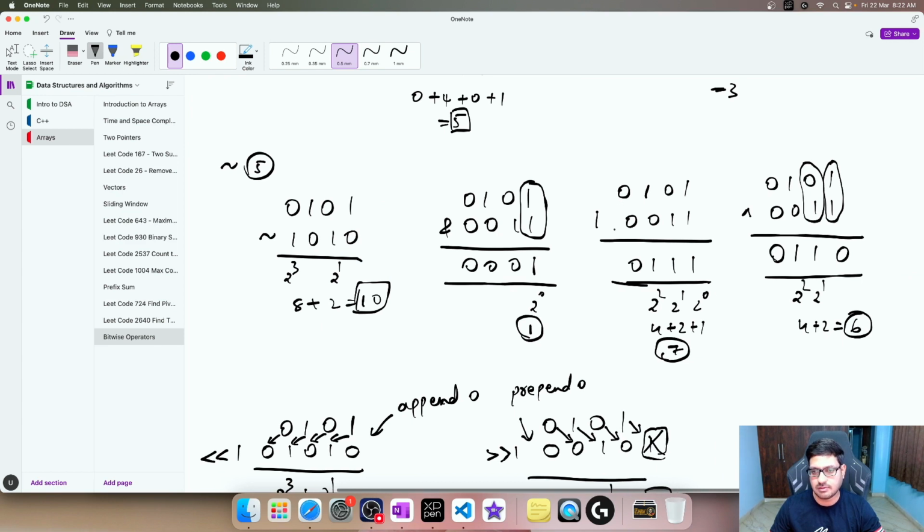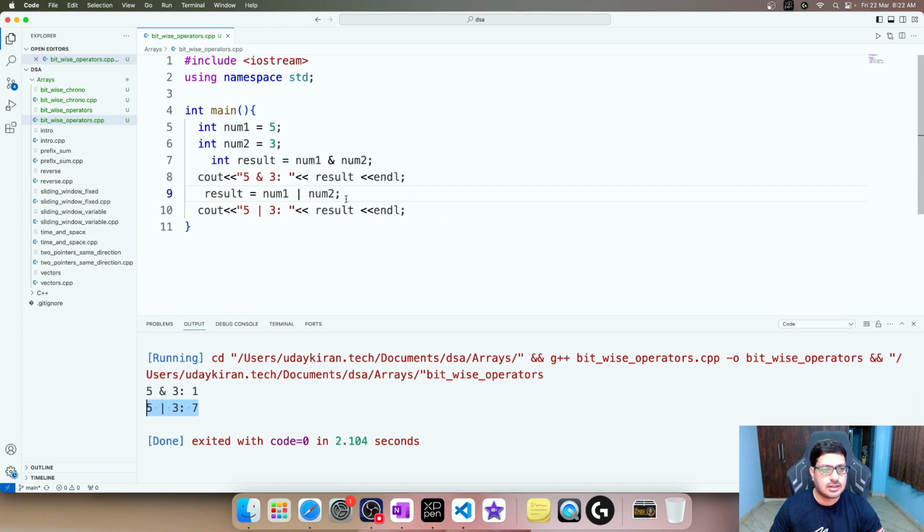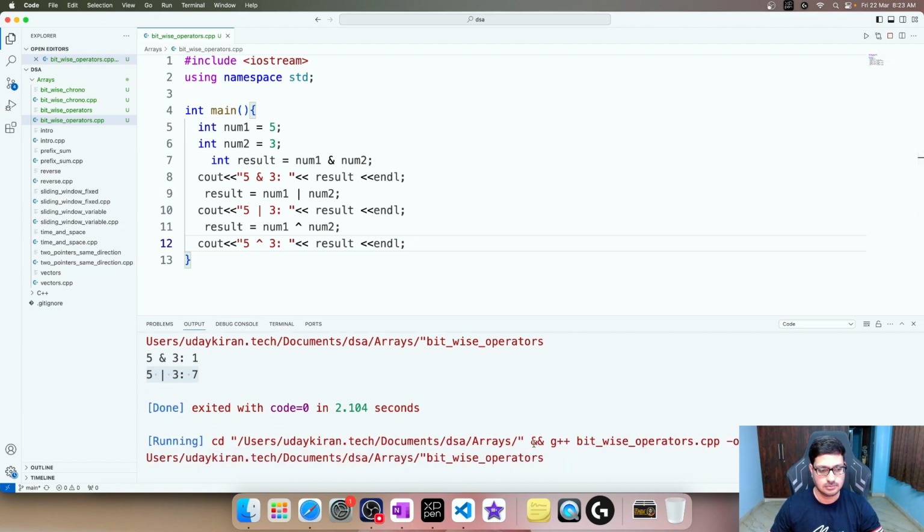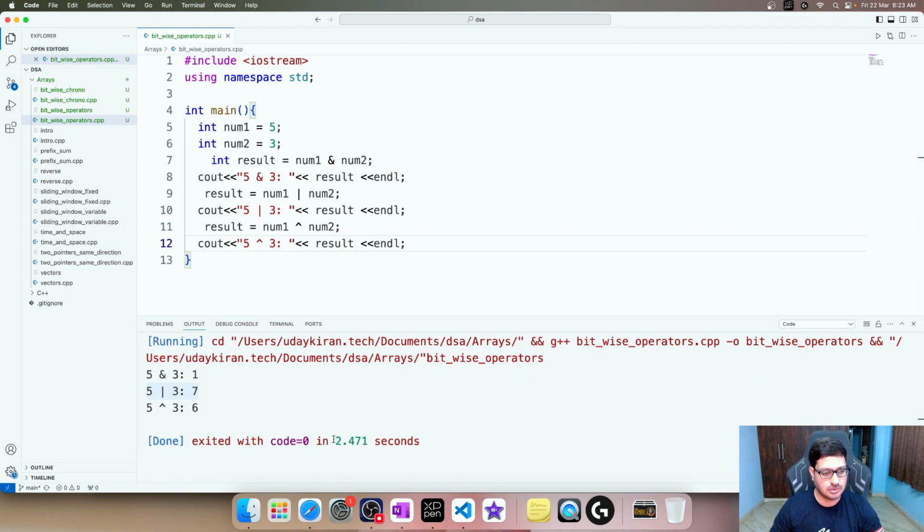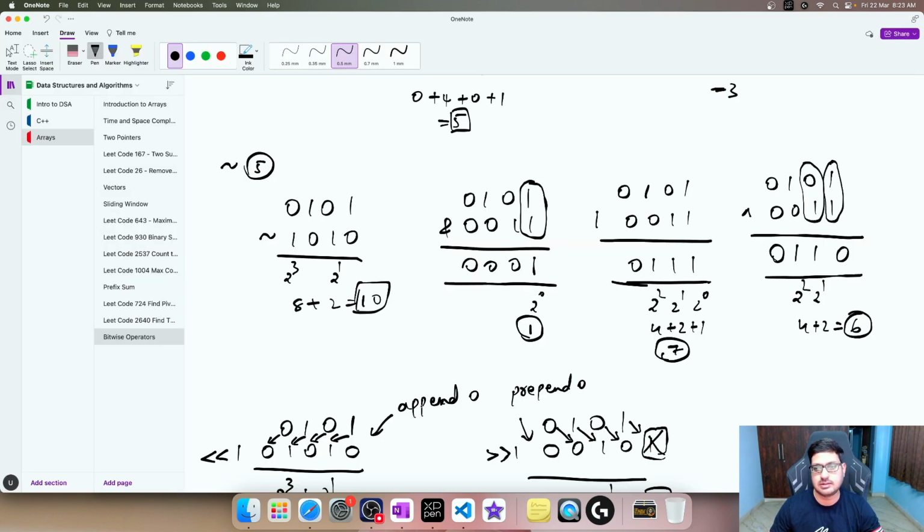Yes, this is 5 or 3 and this is 7. So we got the answer. Let's see the next one. This time let's do XOR. XOR is represented by a caret symbol. And let's see 5 XOR 3. 5 XOR 3 is 6. So this is what we had. 5 XOR 3 is 6.